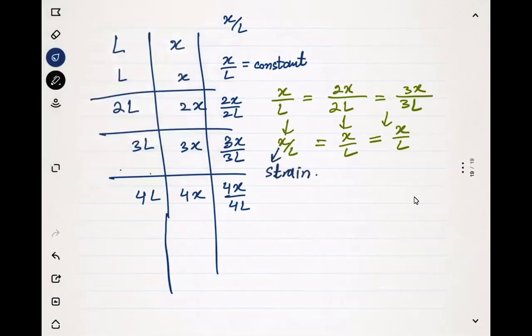So we can modify the formula for Hooke's constant in terms of Young modulus. In this formula, F depends on area, extension depends on length. Now, what if you divide force by area? Dependence with area will be eliminated.